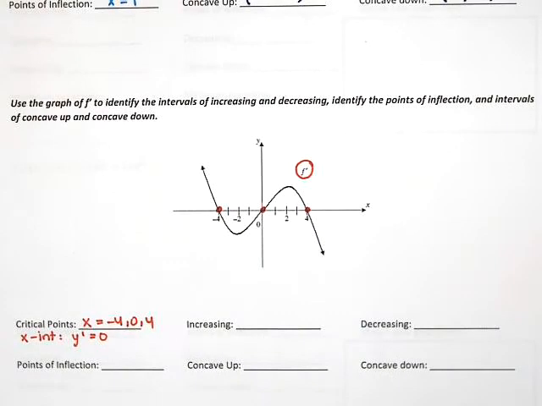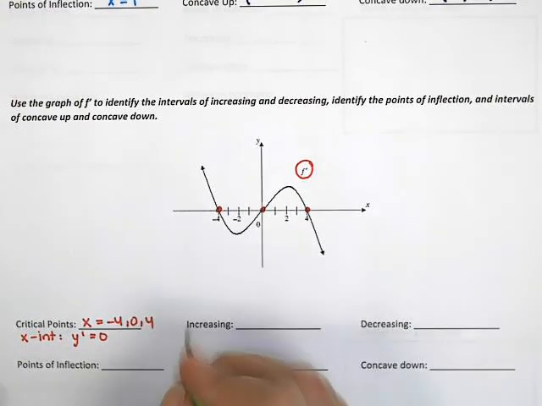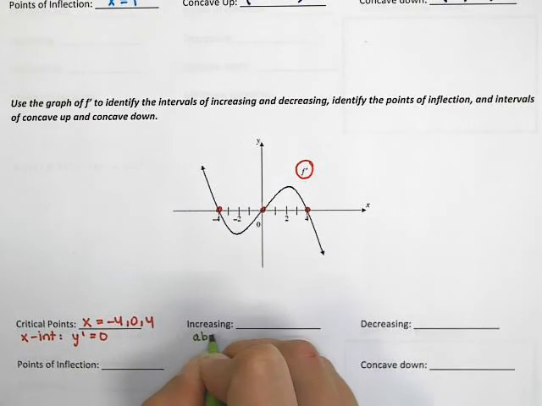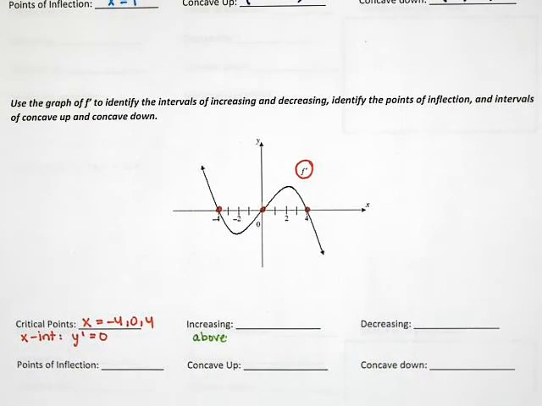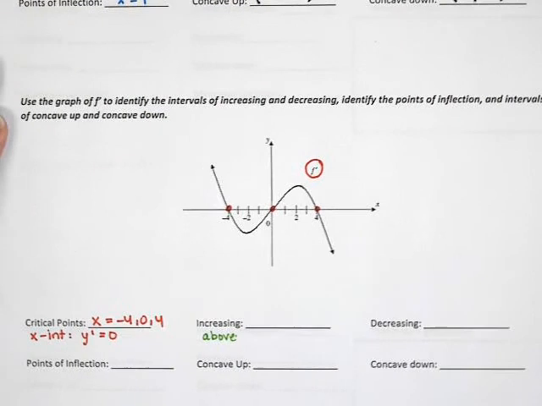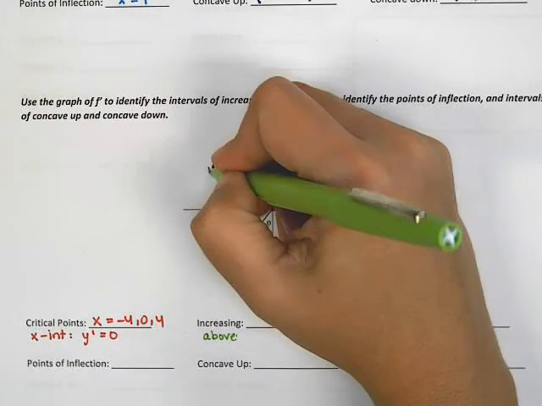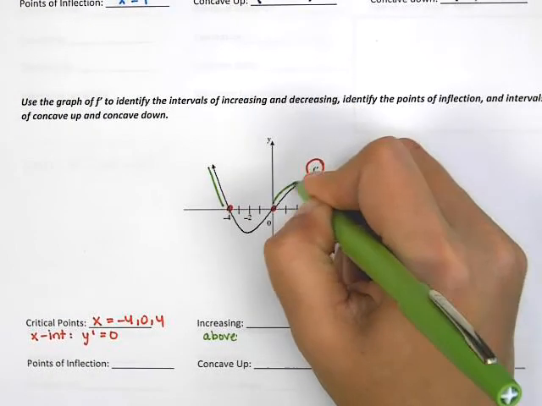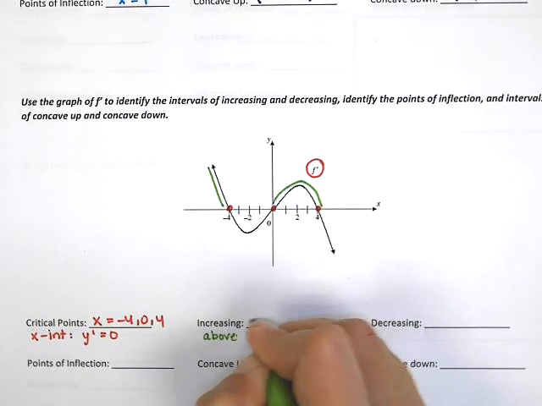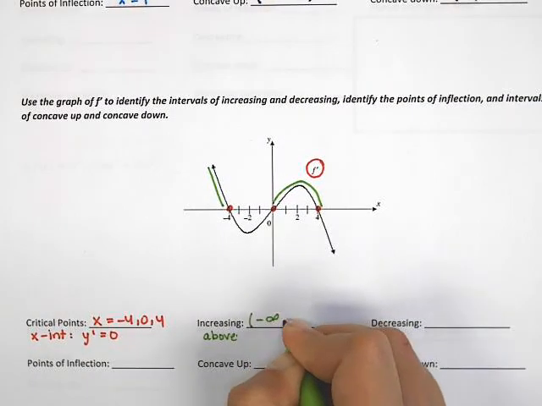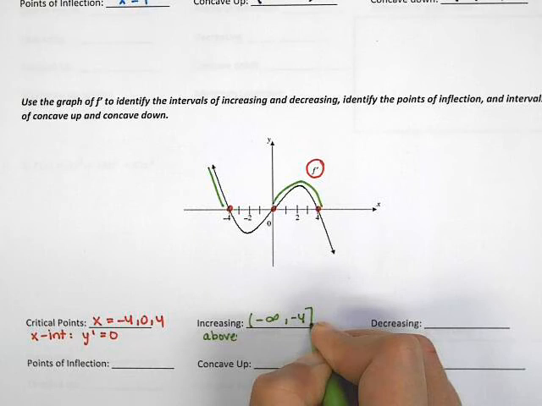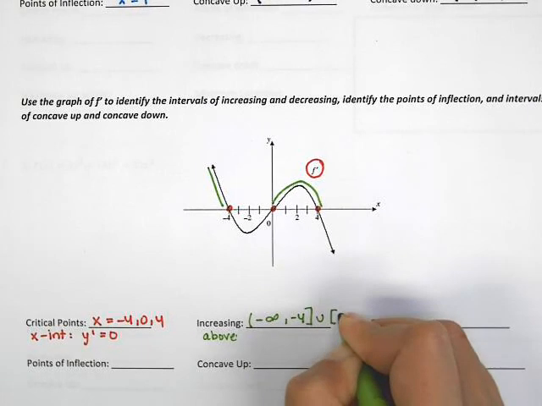We said that increasing would be wherever the graph is above the x-axis, because this is already the derivative. So we're going to have a positive slope when we are above. So that would be here and here. So negative infinity to negative 4 and 0 to 4.